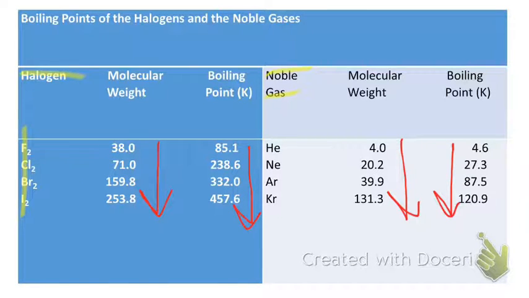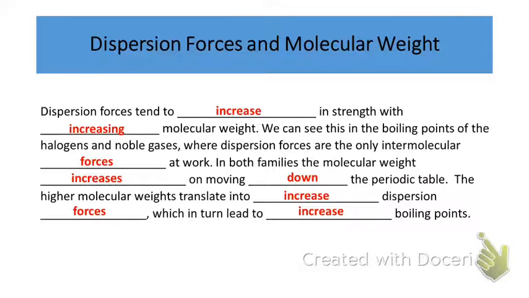So in summary, the dispersion forces tend to increase in strength with increasing molecular weight. We can see this in the boiling points of the halogens and noble gases, which we just looked at, where dispersion forces are the only intermolecular forces at work.